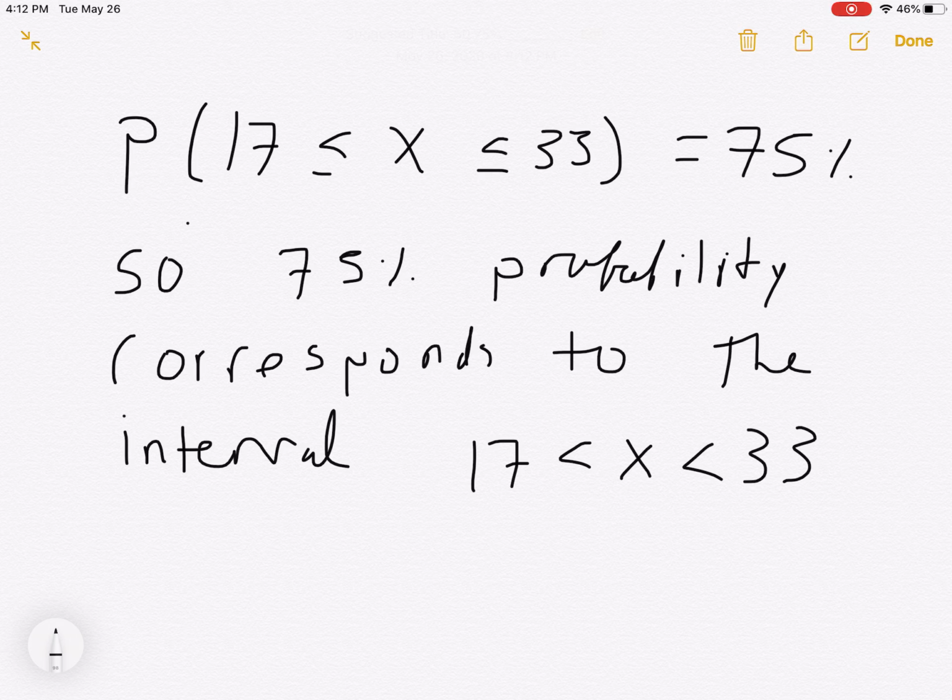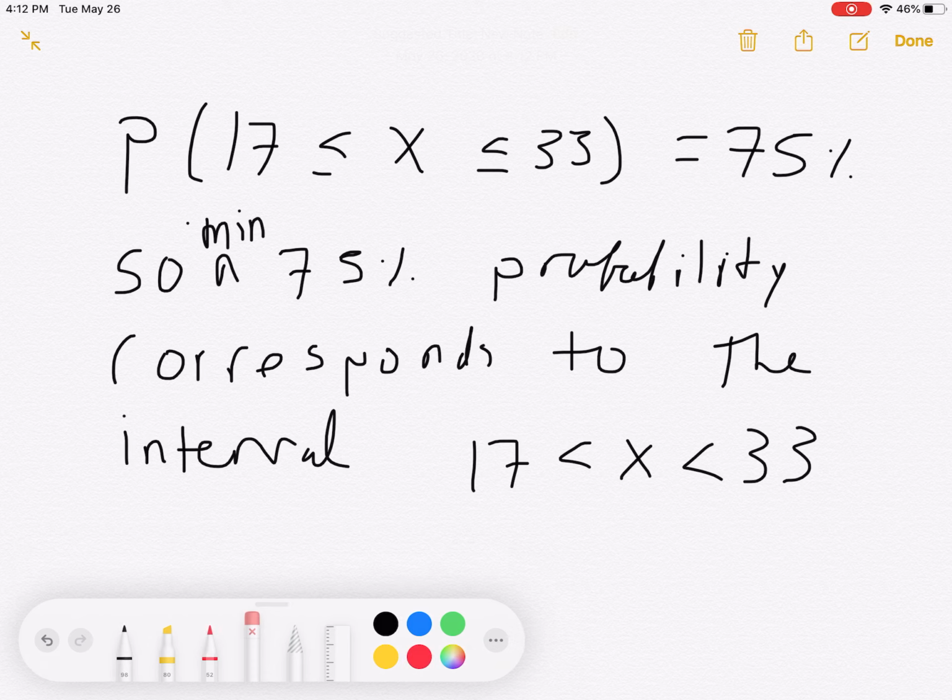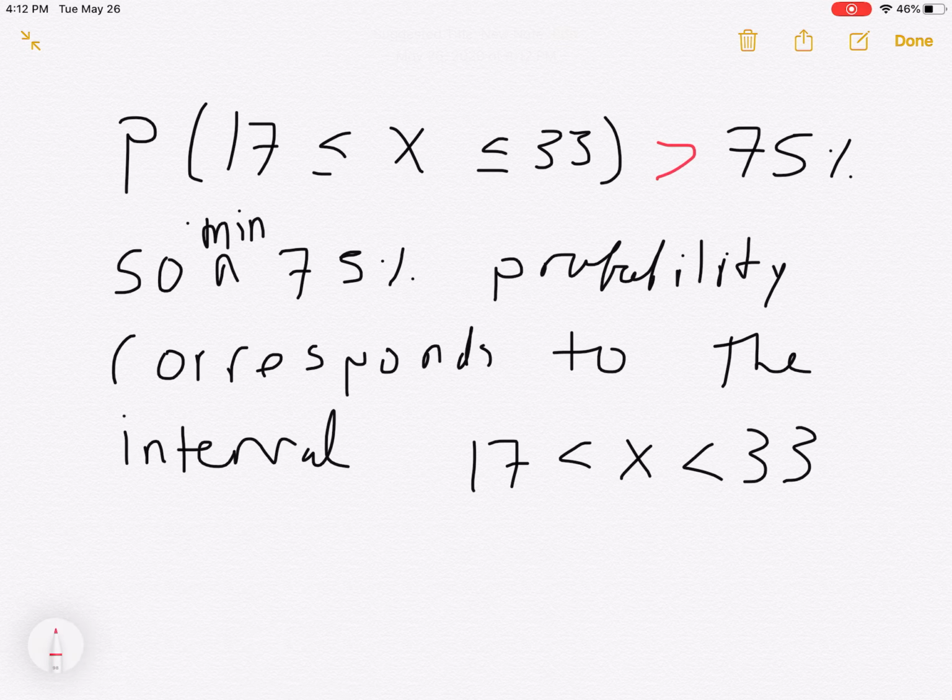And I should say minimum 75% probability, because it could be more. Okay, right? One thing that I made a little mistake with was this. It should be greater than or equal to. Okay?